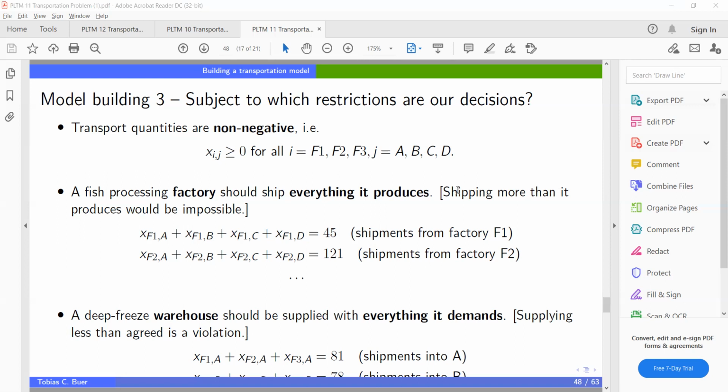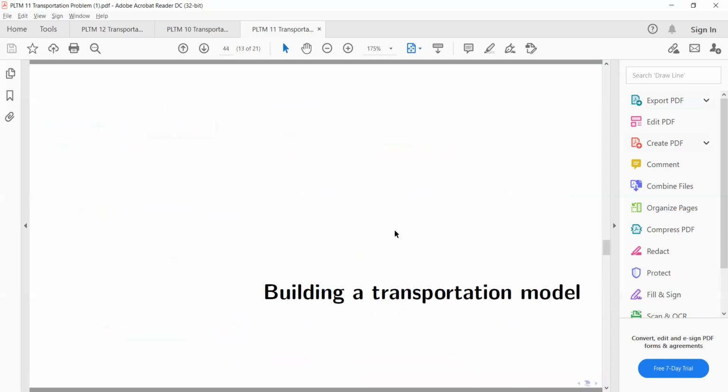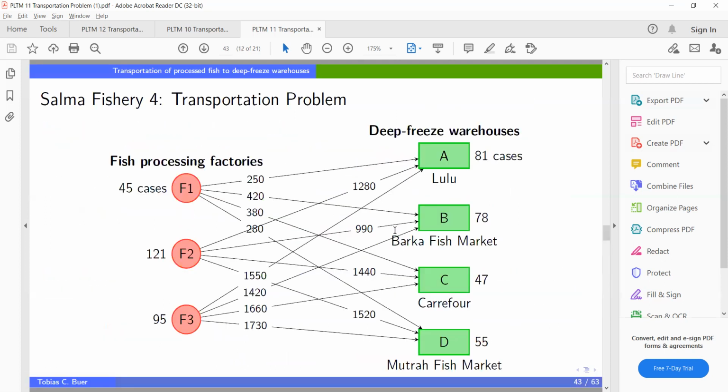So everything that is shipped from F1 is written in this first equation. So the shipment from F1 to customer A plus the quantity from F1 to B plus the quantity from F1 to C plus the quantity from F1 to D is 45. Why 45? This was our given data here.